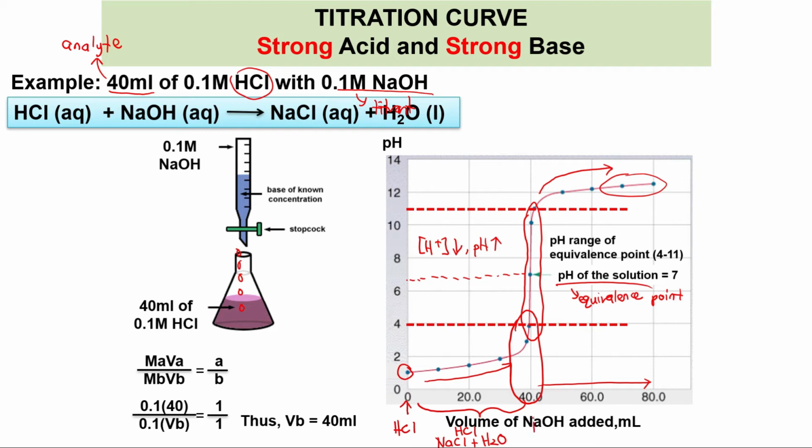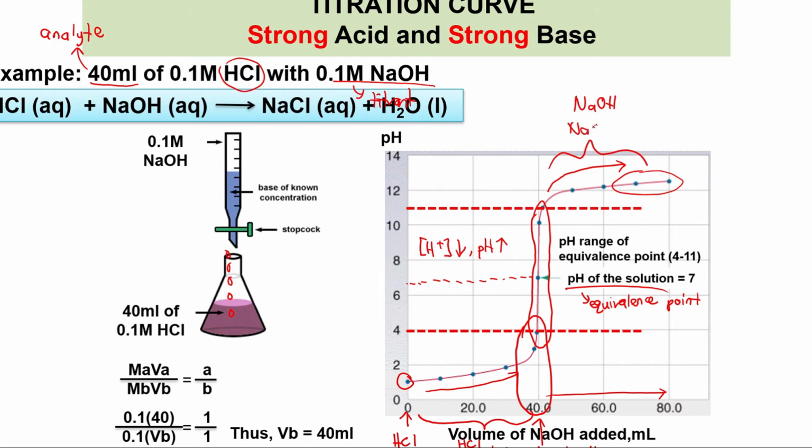When 40 ml of NaOH is added, the reaction has reached its equivalence point. Therefore, there is no more acid or base left. What's left inside the conical flask is just NaCl and water. And then beyond the equivalence point, there is an excess of NaOH, and also the products of the titration, which are the salt and water. Is that clear? Are you okay?